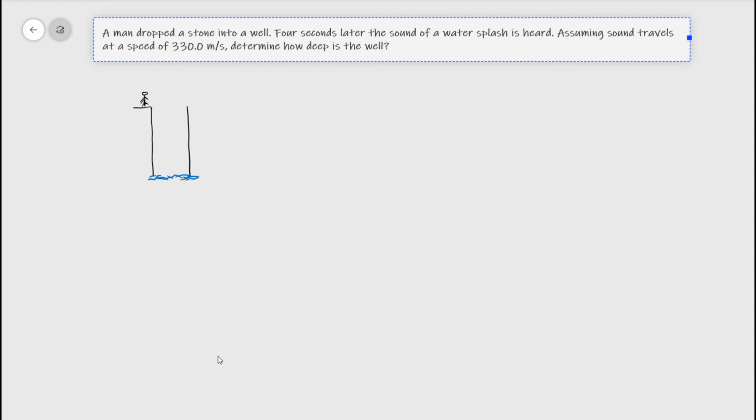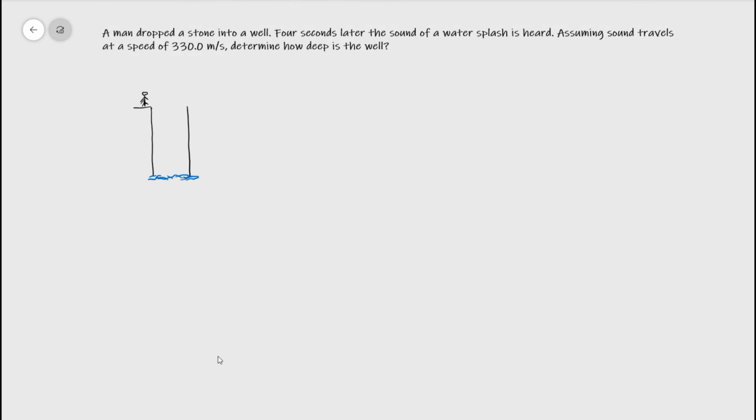And this man drops a stone into the well. Dropping the stone into the well, 4 seconds later, the man heard the splash of the water.